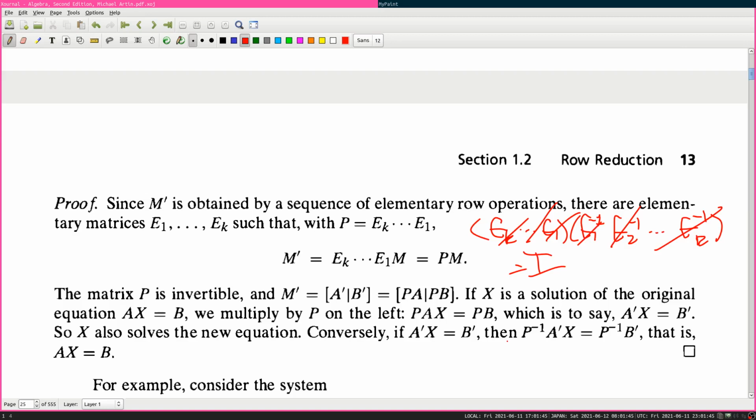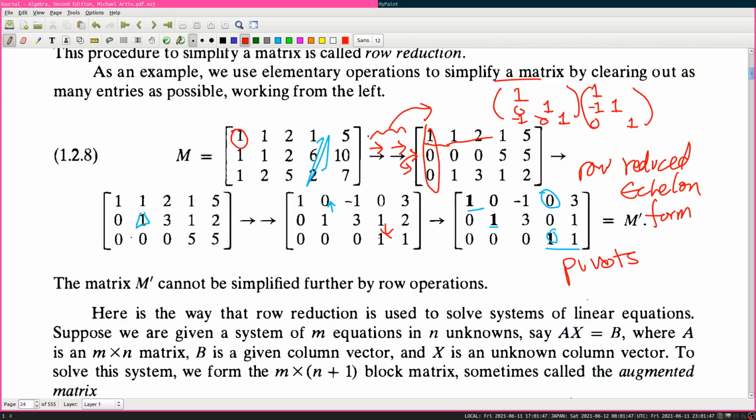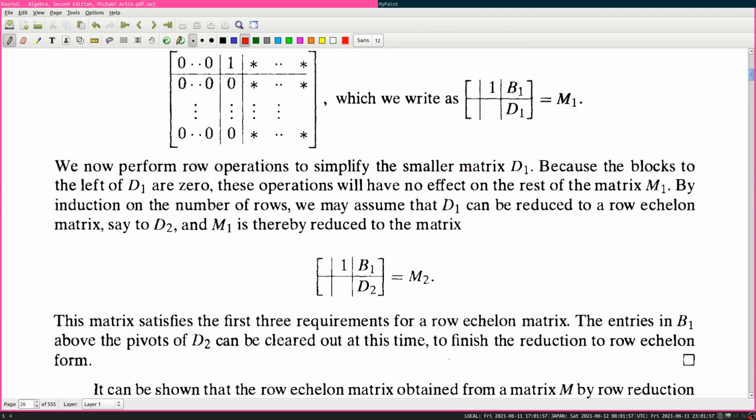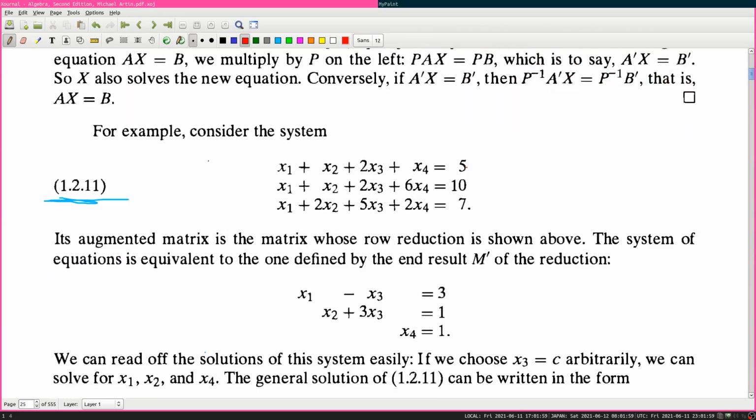Way up here, where's my pointer? This matrix is the matrix of this system of linear equations. Here we are.